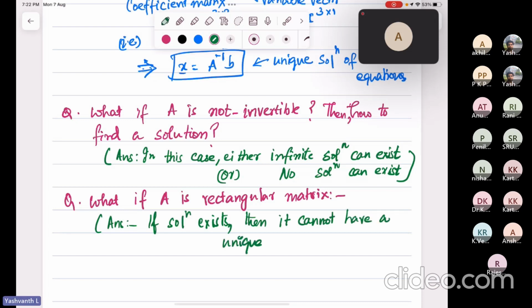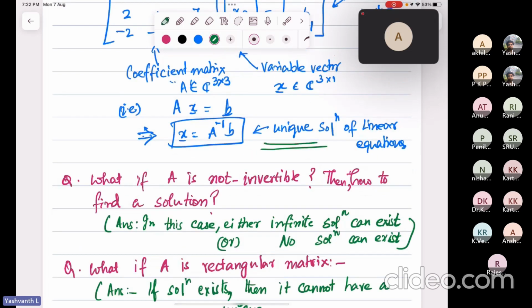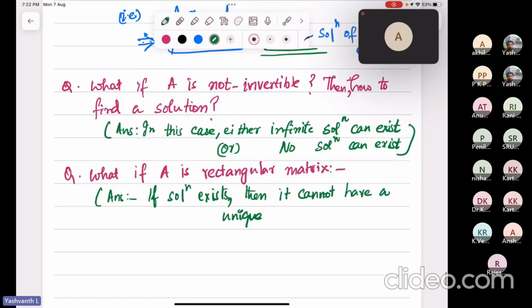If the inverse had existed, I know the solution is unique. But for a rectangular matrix, I don't have an inverse, and if I know that a solution exists, how will I know that? We will see some rules later. But if a solution exists, it cannot be unique, but will have infinitely many solutions.